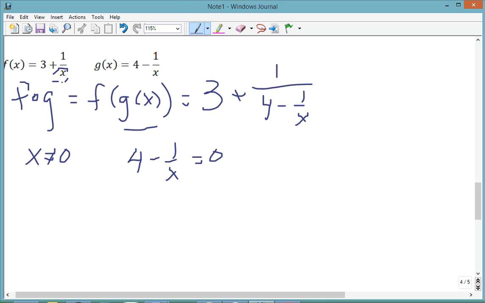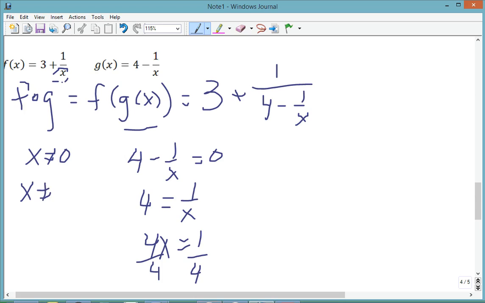So I'm finding out what it can't be. So that would be the same as 4 equals 1 over x. And I can multiply both sides by x and divide by 4. Okay, so x cannot equal 1/4. Now, why could I multiply both sides by x this time and last time I couldn't?